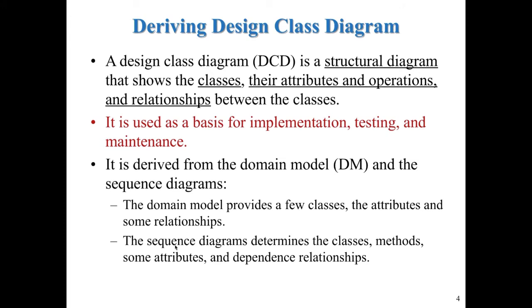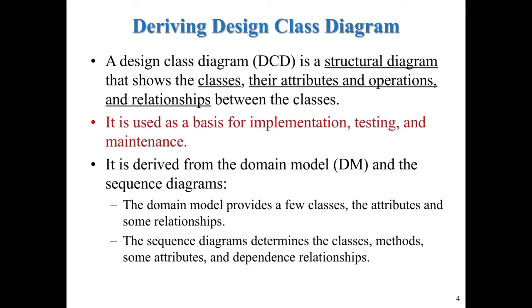The second input to your DCD is your sequence diagram. What is a sequence diagram? It helps you to determine the classes and methods. An important thing which was missing in your domain model was methods. How do you identify methods now? Very interesting, very lovely.